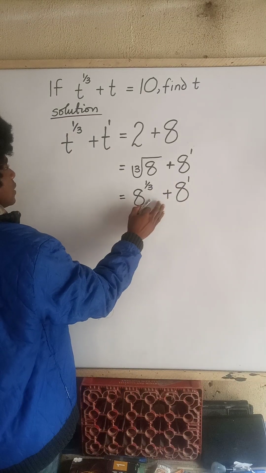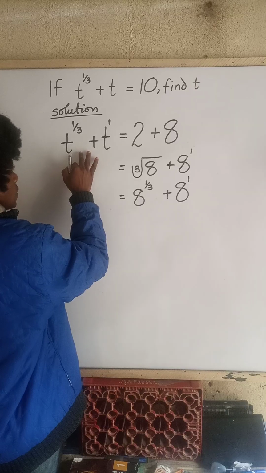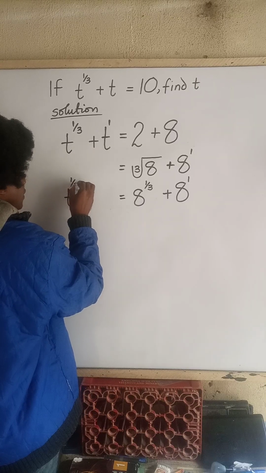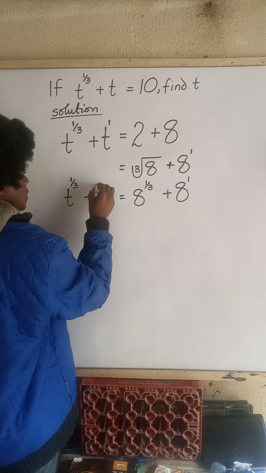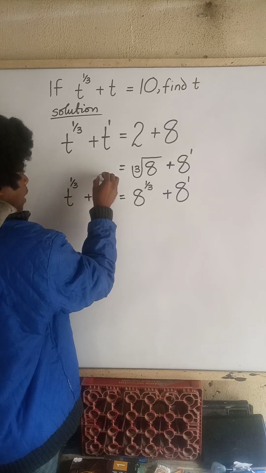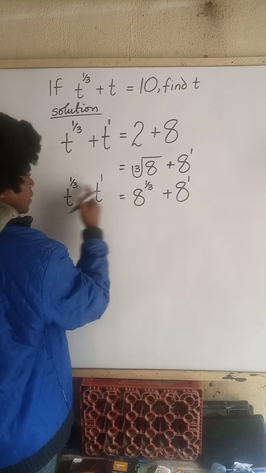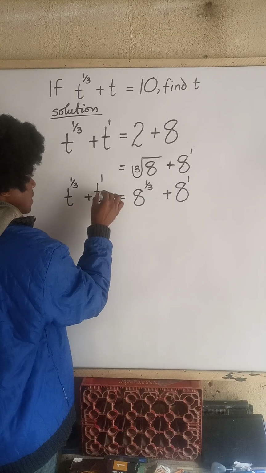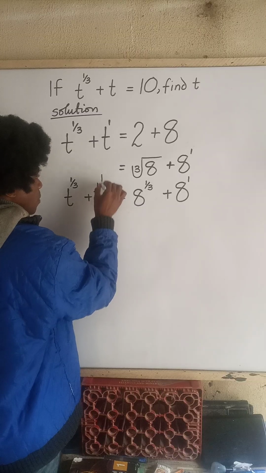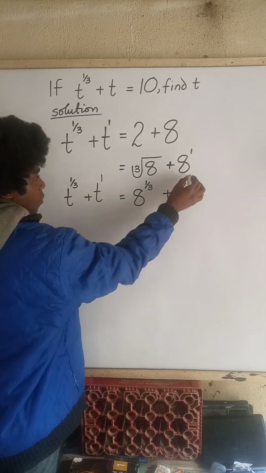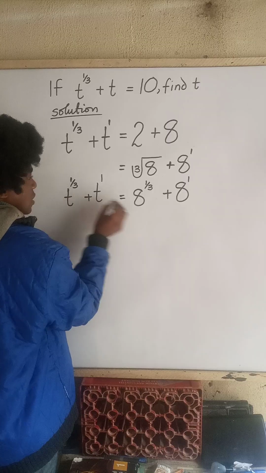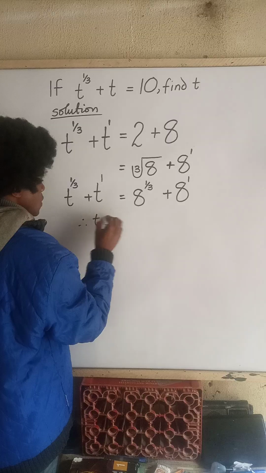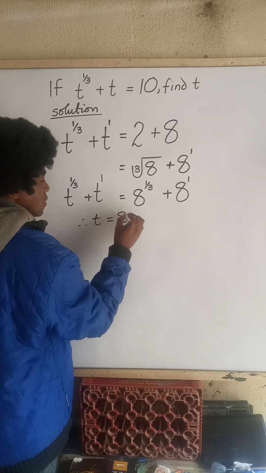So when you relate this to this, you will observe that this t power 1 over 3 plus t power 1, they have the exponent in common. So what this means now is that t power 1 is equal to 8 power 1, and t power 1 over 3 is equal to 8 power 1 over 3. Therefore, t is equal to 8.